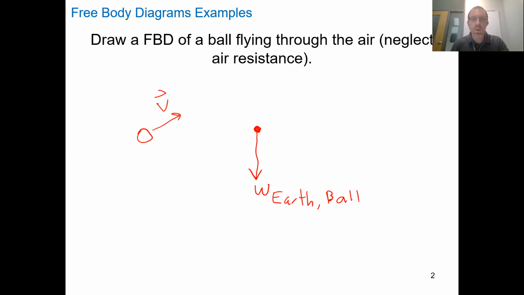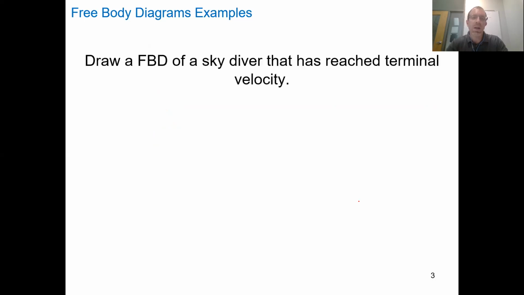Okay, and that's it for a free body diagram. All right, on to the next one. This says draw a free body diagram of a skydiver that has reached terminal velocity. Okay, so we can picture our skydiver, falling down at some terminal velocity, some speed v.